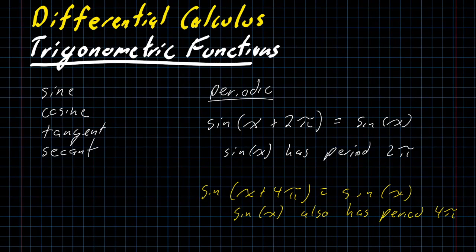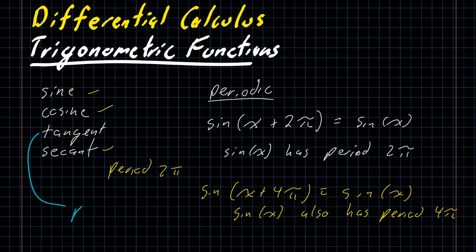There are times when that sort of terminology can be useful, especially when you're dealing with several trig functions combined. Because sine, cosine, and secant all have period 2 pi, and any multiple of 2 pi is also a period of the function.